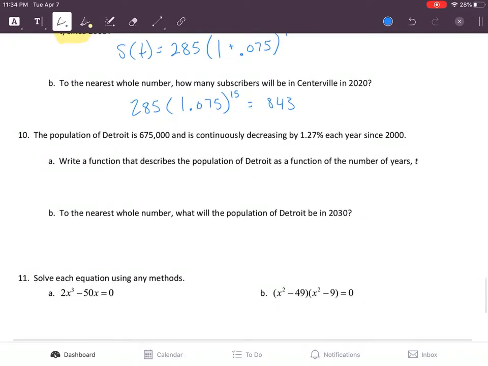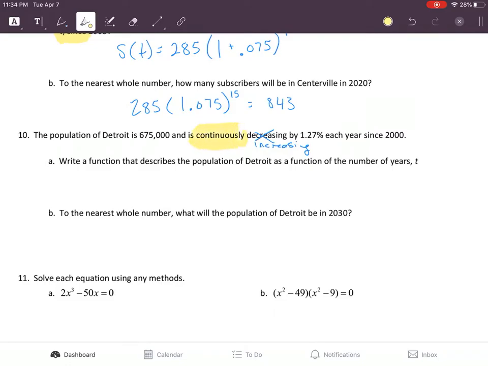Now question 10, sorry to tell you this, we're going to change this question by one word. We're going to go with increasing, because we didn't really go over any continuously decreasing examples. So we're going to show you continuous.